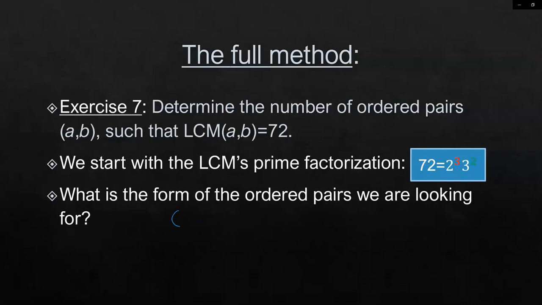For example, when we're looking for 6, they look like 2 to the x times 3 to the y and so forth. Okay. So can somebody tell me what will these ordered pairs look like that have a least common multiple of 72? Can somebody try to tell me what they're going to look like? What is the format of the pairs going to be?